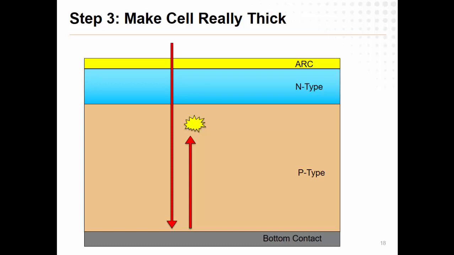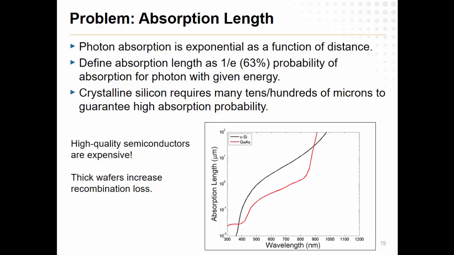So what you have is kind of this characteristic of absorption length, which is your e to the minus alpha x factor there, and this is your alpha. You notice as you get very close to the band gap, it approaches 10 microns, 100 microns in thickness. And that's just like your 60% probability. So that means you've got to get pretty thick if you really want to capture all of those long wavelength photons. You notice here's gallium arsenide, which also kind of follows the same thing.